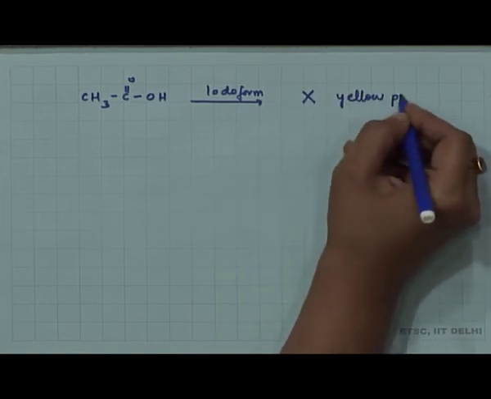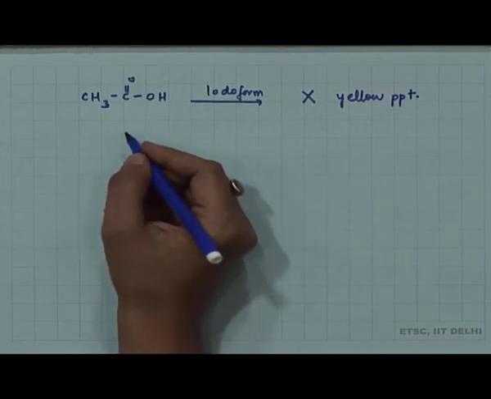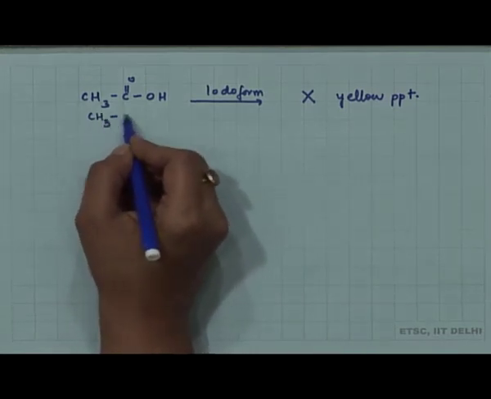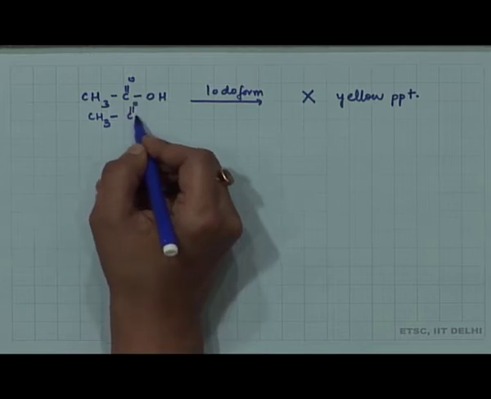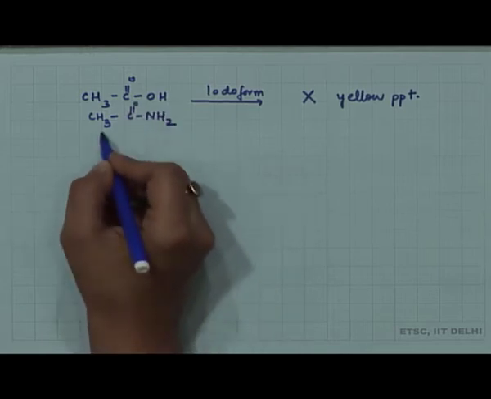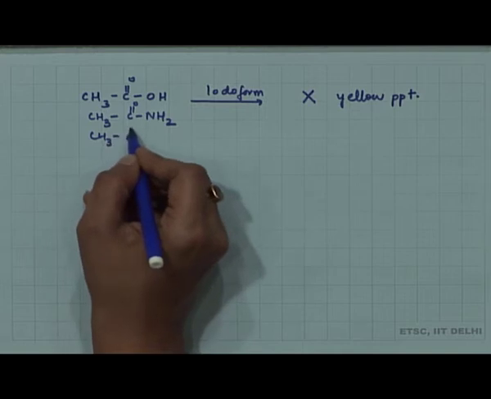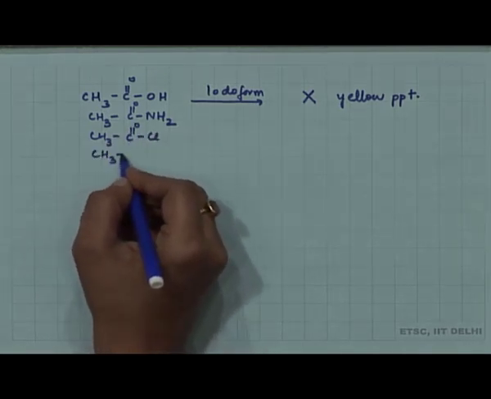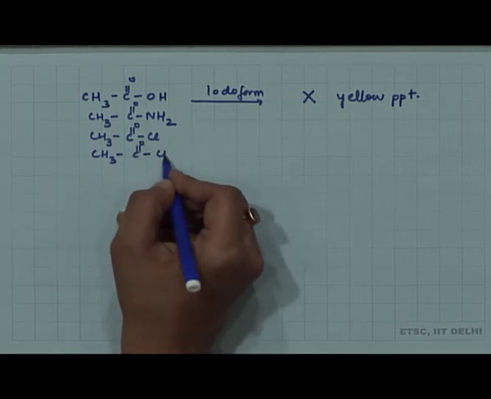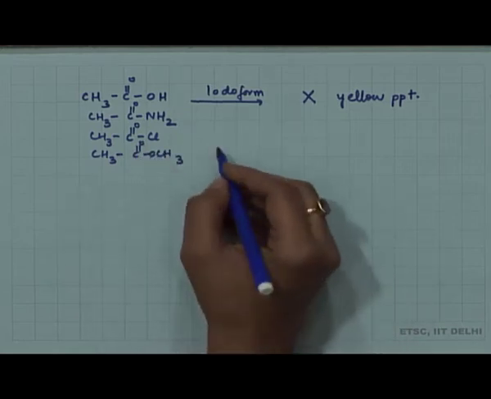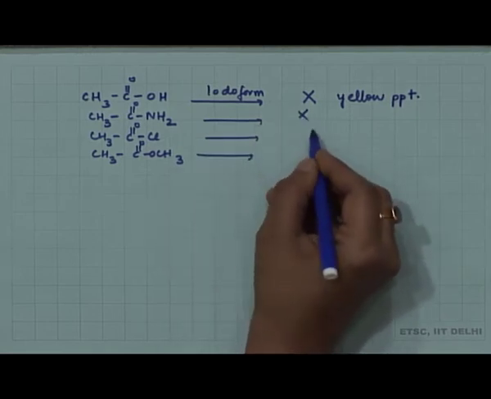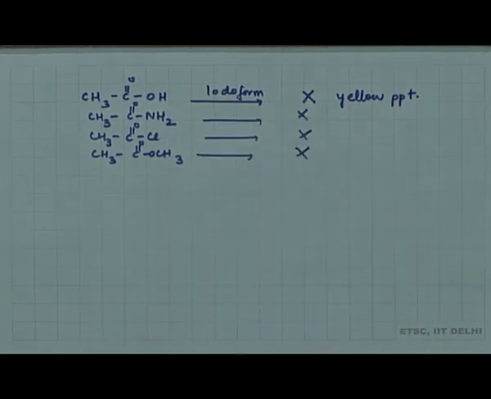It responds negatively to this reaction. Likewise, if you take another acid derivative, such as acetamide, acetyl chloride, or the methyl ester, each of these gives a negative iodoform test.